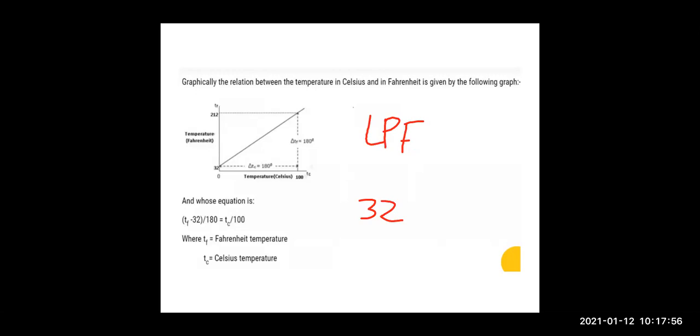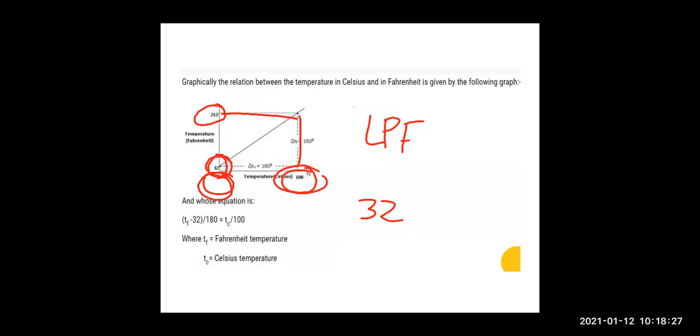But on the centigrade scale, it is 0 degree and 100 degree. So when it is 0 degree centigrade, on Fahrenheit it is 32. And at 100 degree centigrade, the Fahrenheit scale is 212 degree Fahrenheit. So this is your graph of temperature in Fahrenheit versus temperature in Celsius.